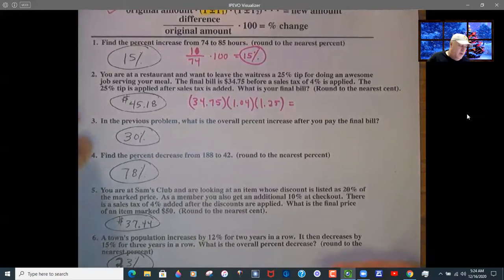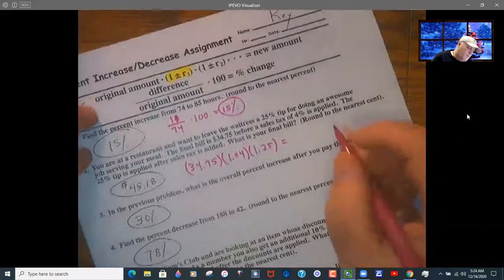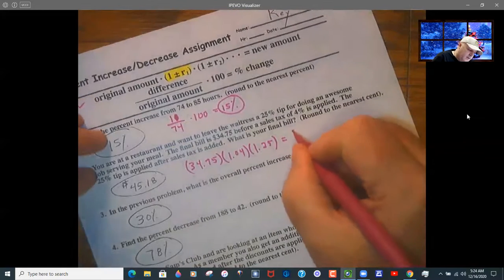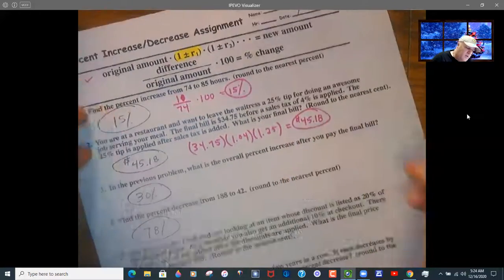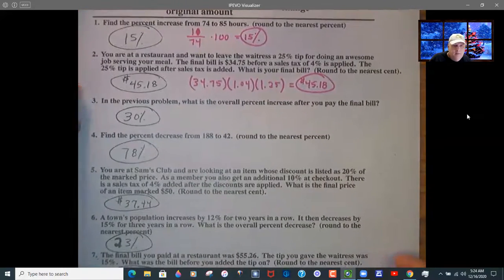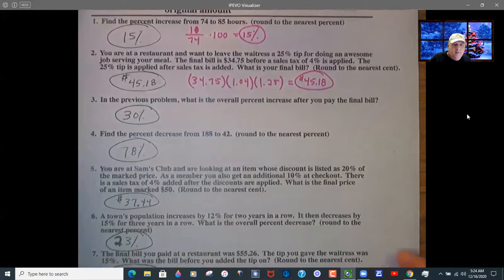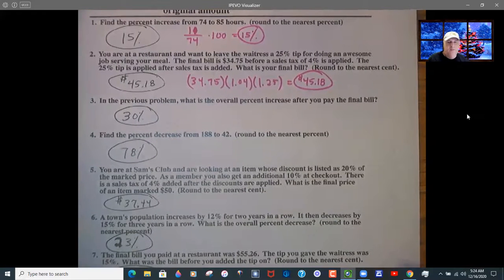So you go left to right, and you get 45.18 when you do that. Again, rounded off to the nearest cent. In the previous problem, what is the overall percent increase after you pay the final bill? So there are two ways you can do this.